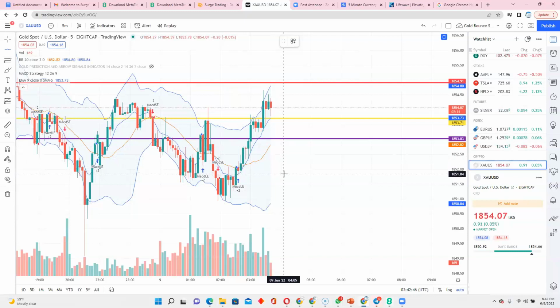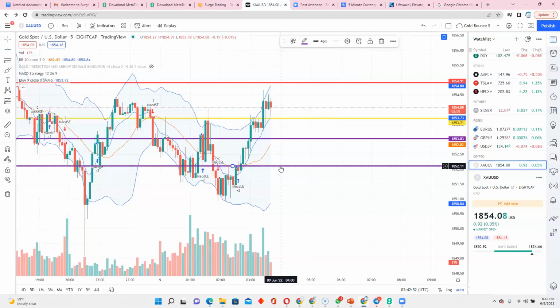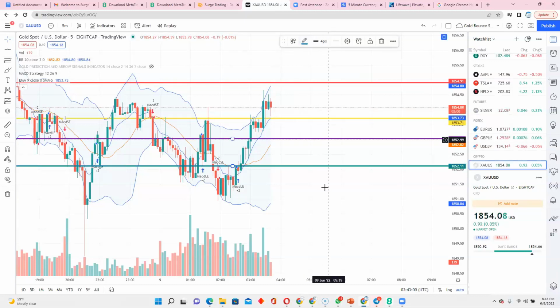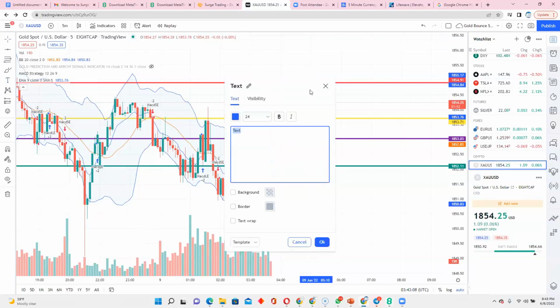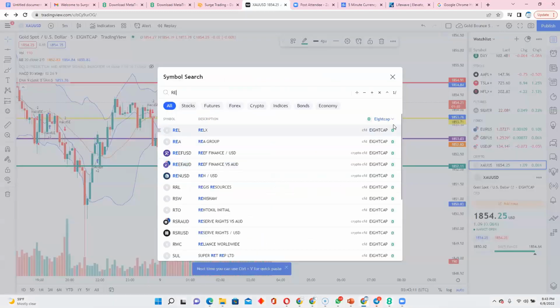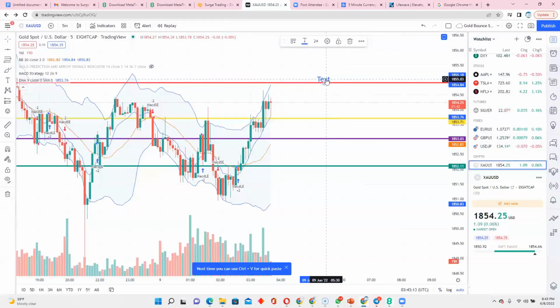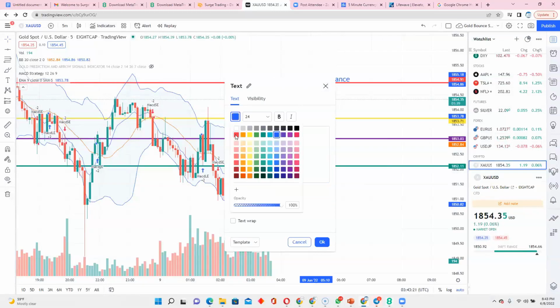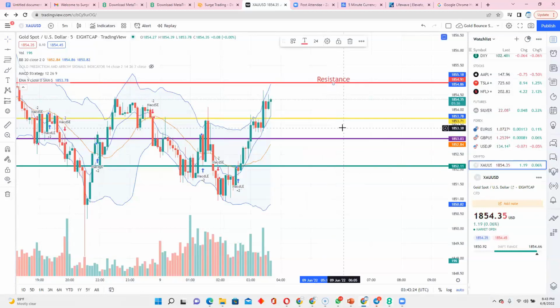Let's see, when did it start? Probably around this little area right here would be the big money on this trade. So that's the resistance line.